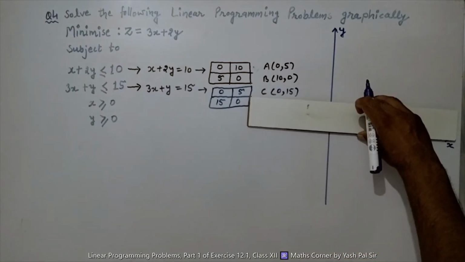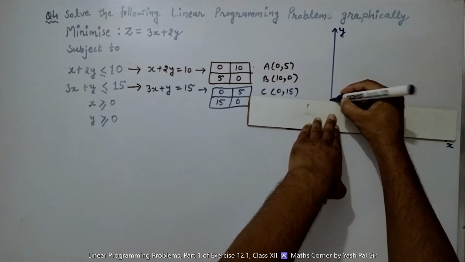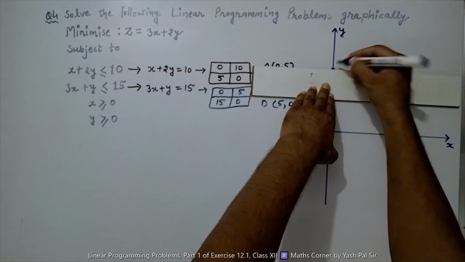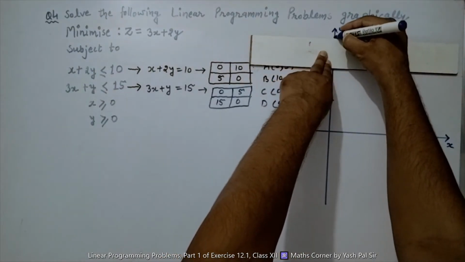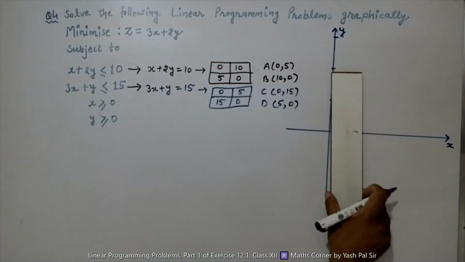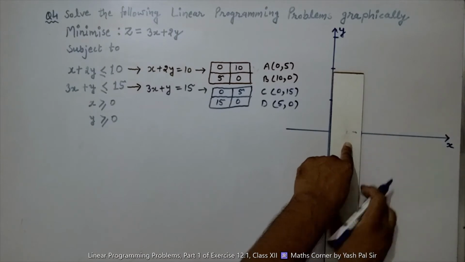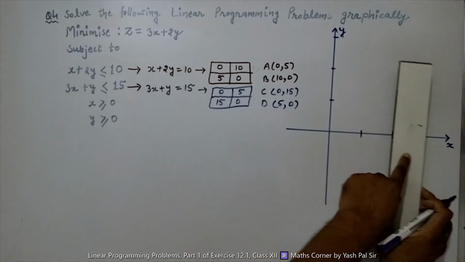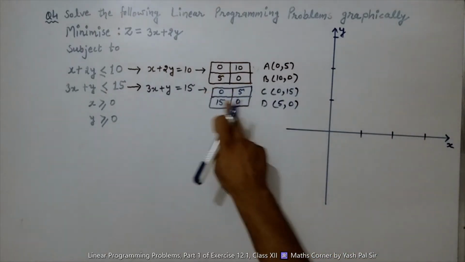We take equal lengths, one unit equal to 5: 5, 10, 15 on both axes.